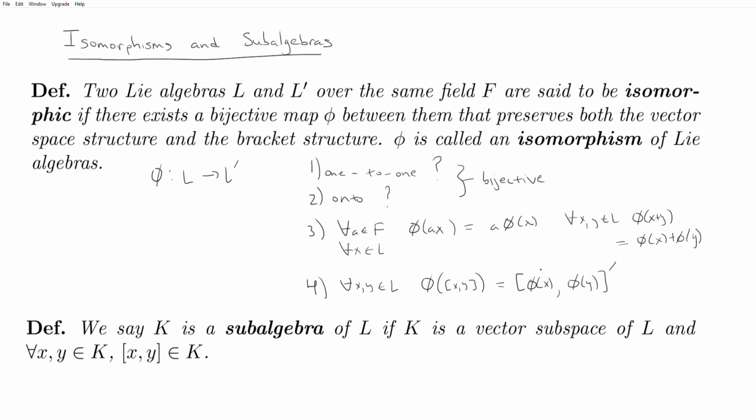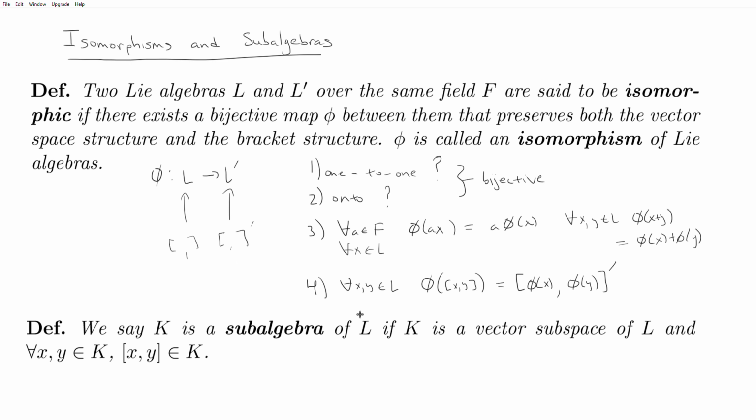This prime is associated with L prime, and the bracket here is associated with L. In general, people eventually stop distinguishing the two because it becomes obvious from context, but I wanted to be explicit here. You want to make sure that phi satisfies this. If it satisfies these four things, then it is an isomorphism of Lie algebras.